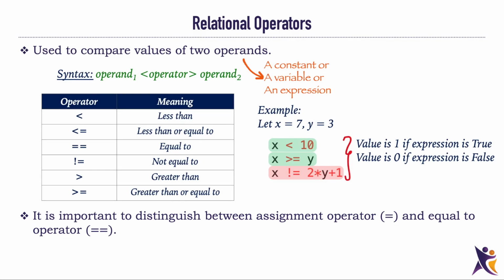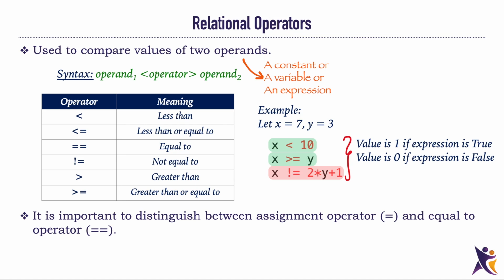Now it is very important to distinguish between the assignment operator and the equal to operator, right? We have learned the assignment operator, in which we assign the value on the right hand side to the variable on the left hand side, right?